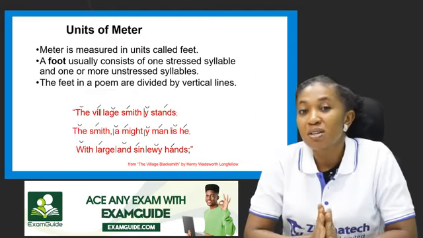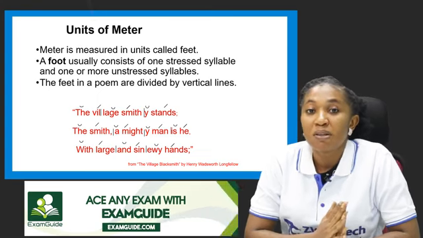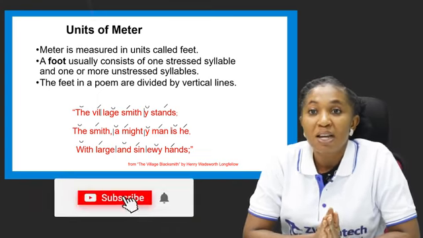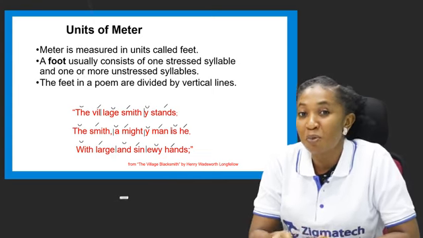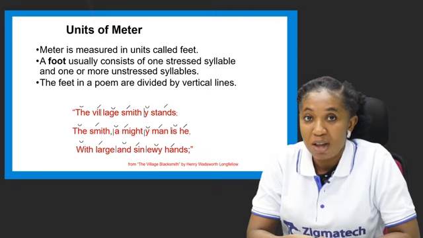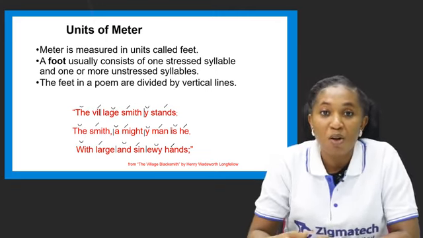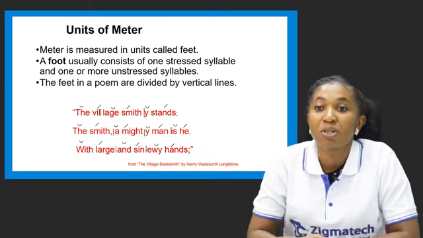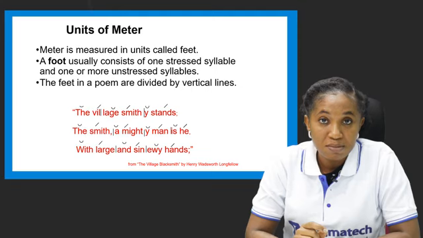Now let's look at the units of meter proper. Remember, we've already defined what meter is. Now let's look at the different units of meter, how lines of poetry are measured, and how you can indicate or identify the metrical pattern of lines in poetry. A meter is measured in units called feet.